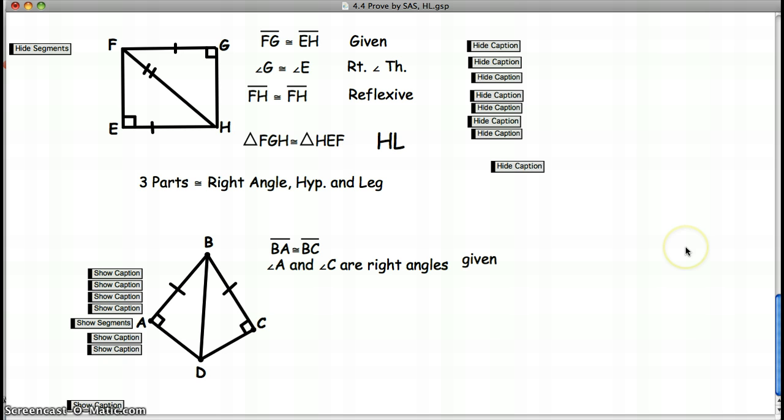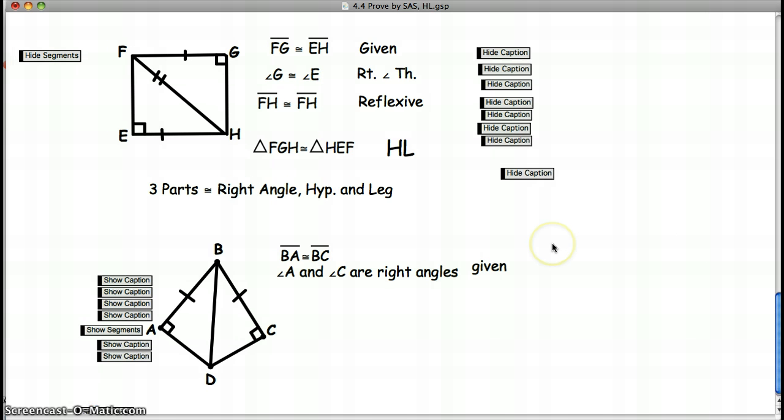All right, last but not least, let's prove these. Okay, we're given that BA is congruent to BC. We're given that angle A and angle C are right angles. That's given. So angle A and angle C are congruent. Why? Well, right angle theorem again. BD is congruent to BD.